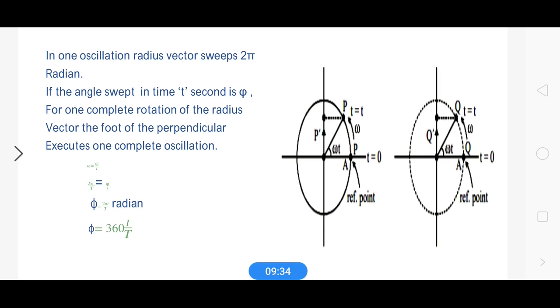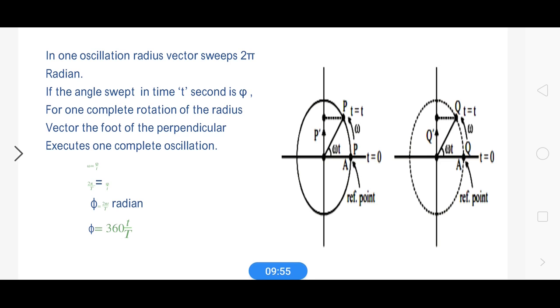So the radius vector makes a complete 2 pi radians in one oscillation.